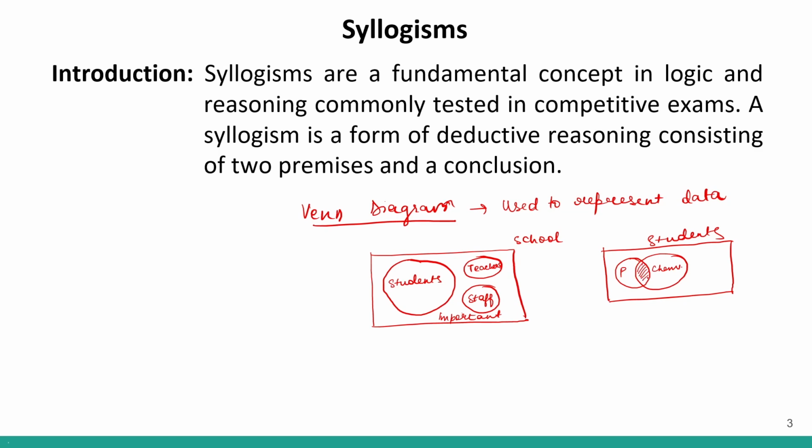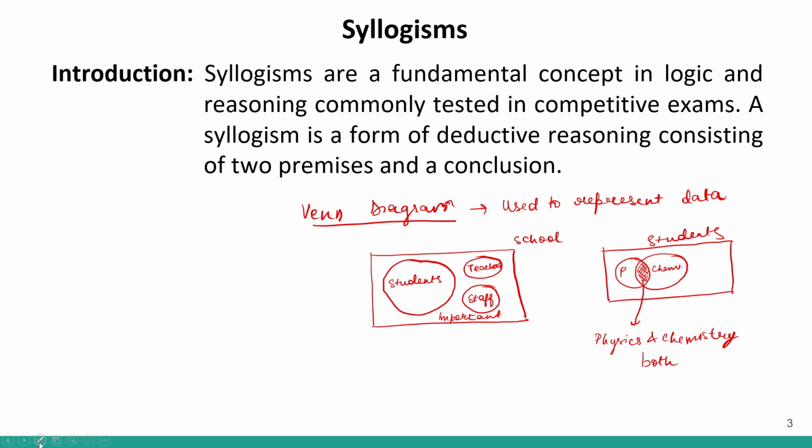So this overlapping area between physics and chemistry signifies that these people are studying physics and chemistry both.